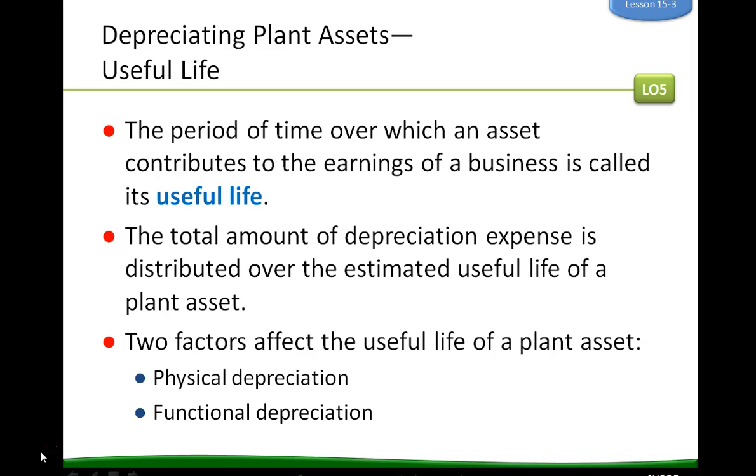And then useful life. The period of time over which an asset contributes to the earnings of a business is called its useful life. The total amount of depreciation expense is distributed over the estimated useful life of a plant asset. 2 factors affect the useful life of a plant asset. First of all, the physical depreciation, and second of all, the functional depreciation. Physical depreciation is caused by wear and deterioration from aging and weathering.